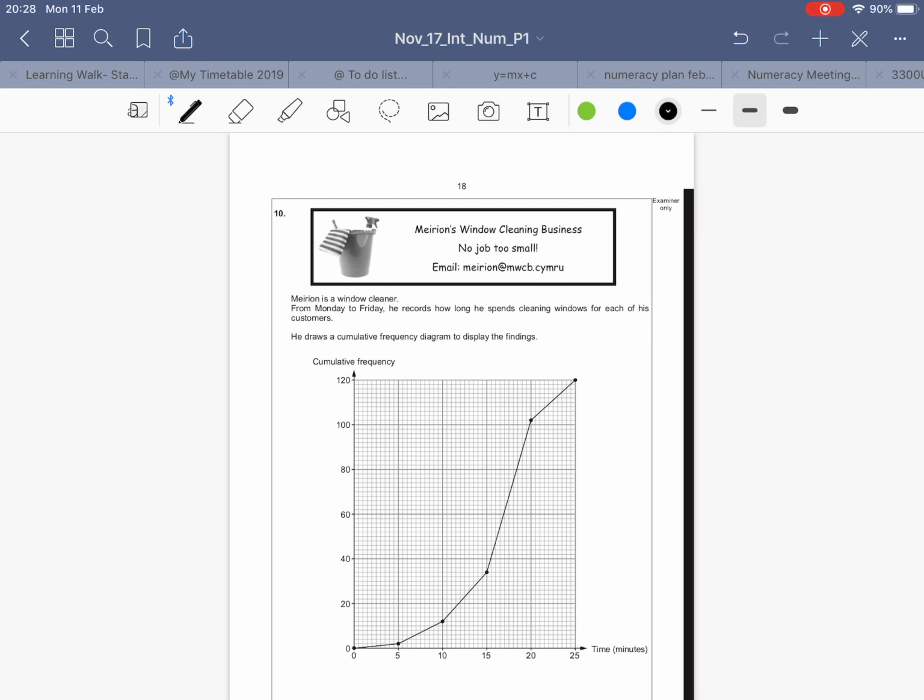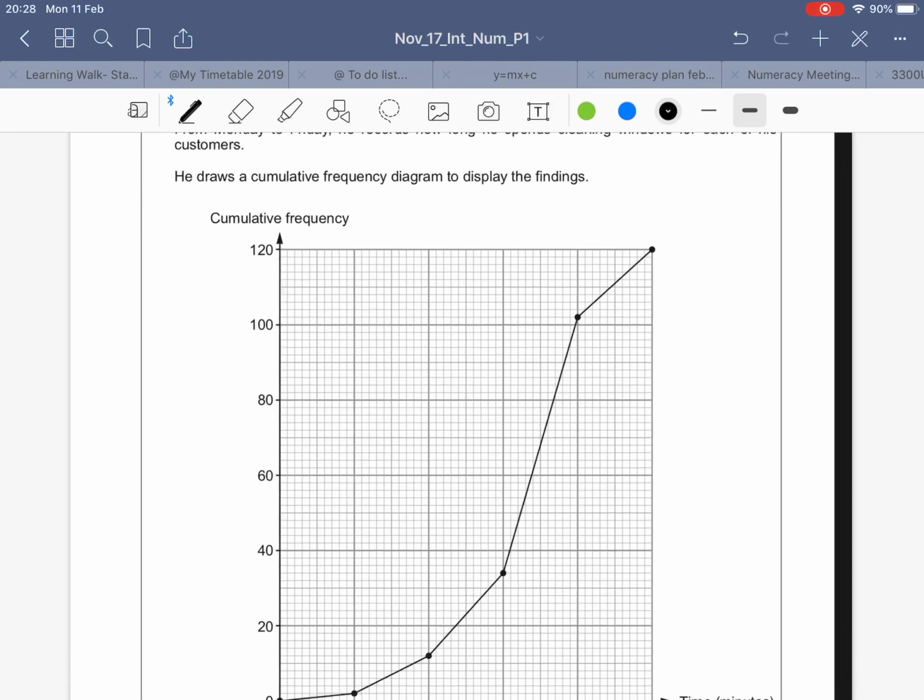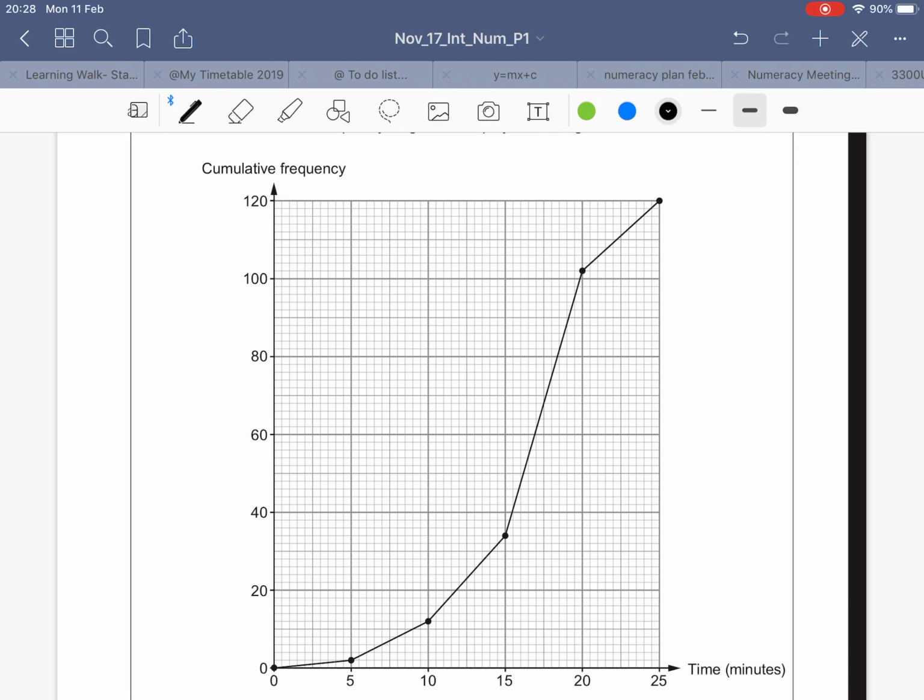So the first thing we need to do for the median is find the middle of our cumulative frequency from 0 to 120, which would be 60. Go across the graph till we hit the cumulative frequency curve and down.